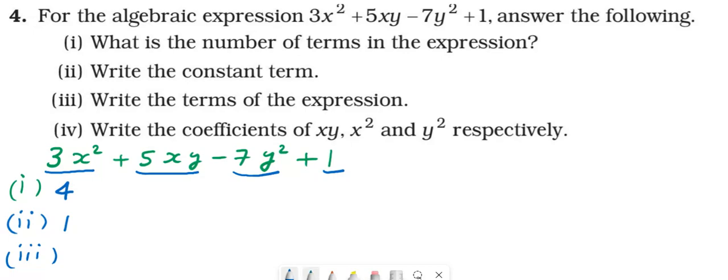Beta, there are 4 terms. So the first term is 3x square. The second term is 5xy. The third term is minus 7y square. And the fourth term is 1.